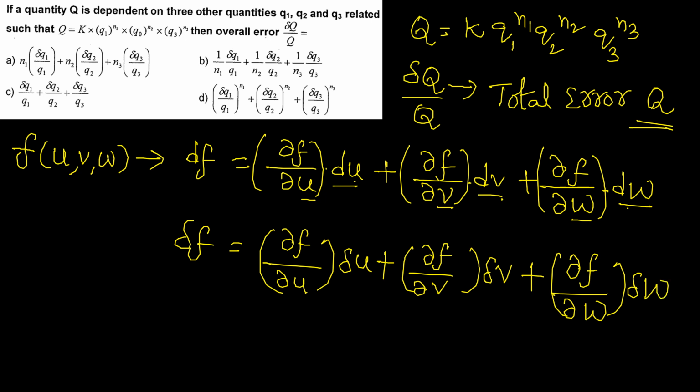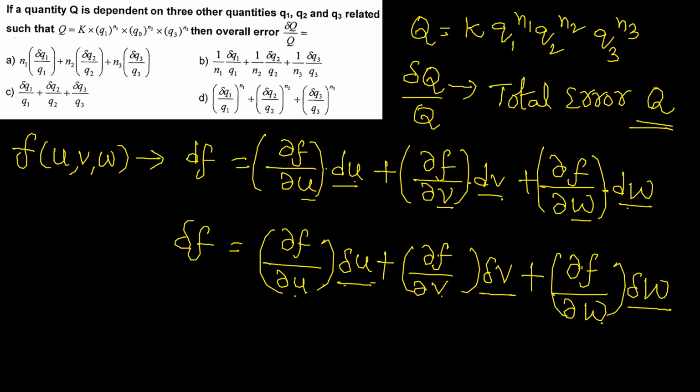Here dou f by dou u, dou f by dou v, dou f by dou w are the same partial differentiation of function f with respect to u, v, w, but these terms del u, del v and del w are errors in the variables u, v and w respectively.